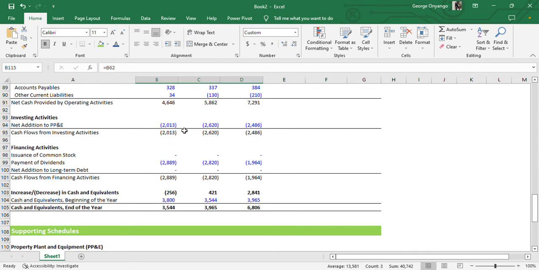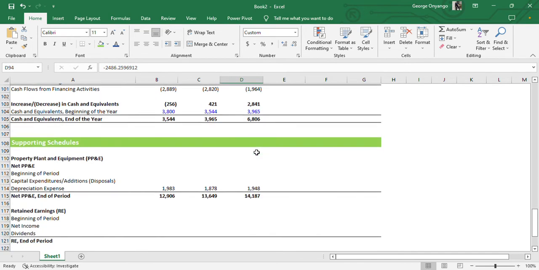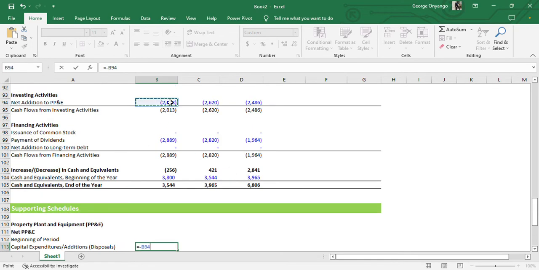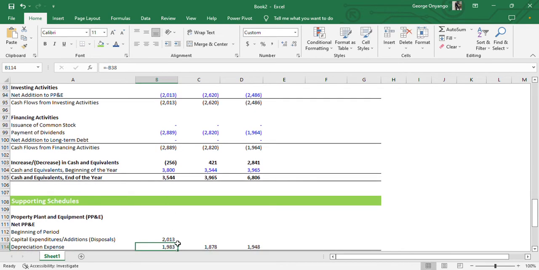We can see here they spend this value in 2010, 2011 and 2012. So it means that the capital expenditure is going to be, put that positive now. So we are going to just take this value here, then we get that. So we are going to fill that, right?